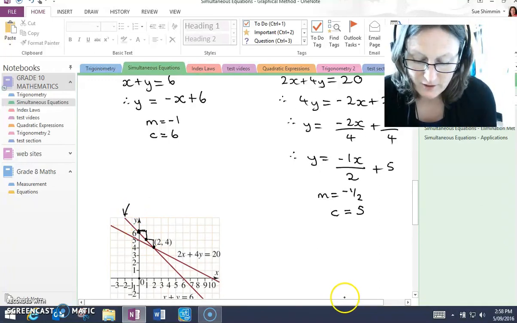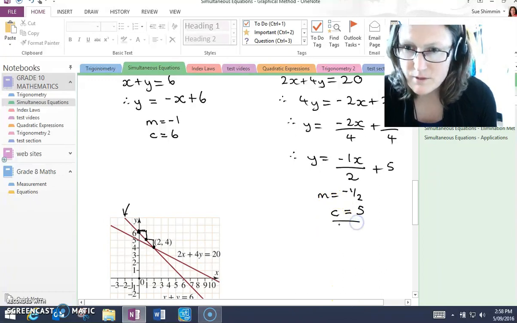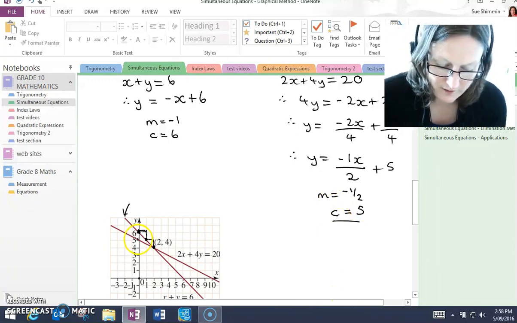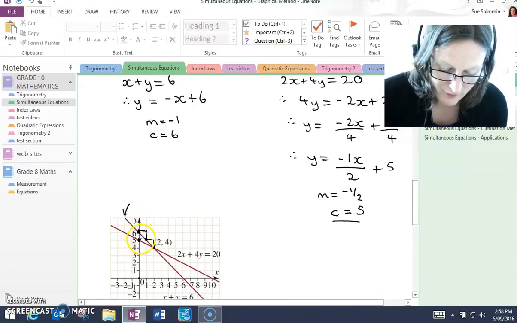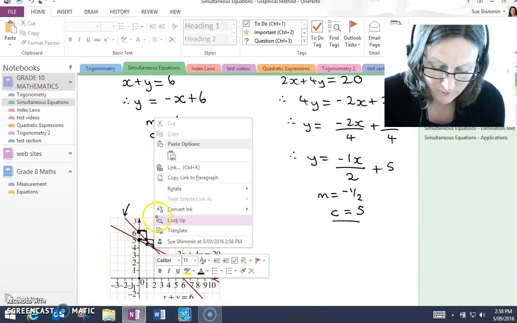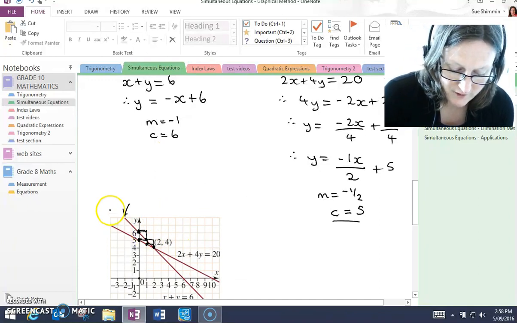For the next line, the y-intercept is 5, so we start with that. There's the y-intercept at 5. The gradient is -1/2. So for a gradient of -1/2, you go across 1, down 1/2, put a point. Across 1, down 1/2, put another point. Then you can join those points up.